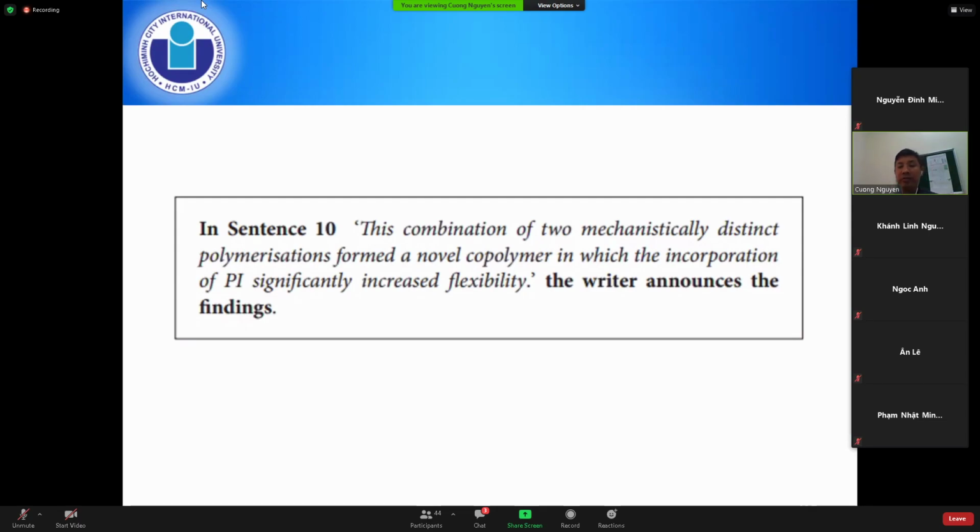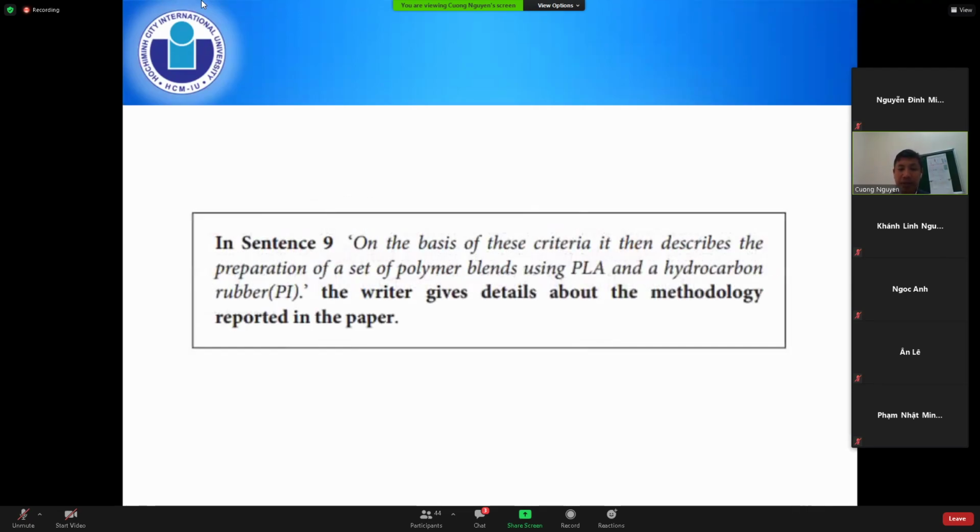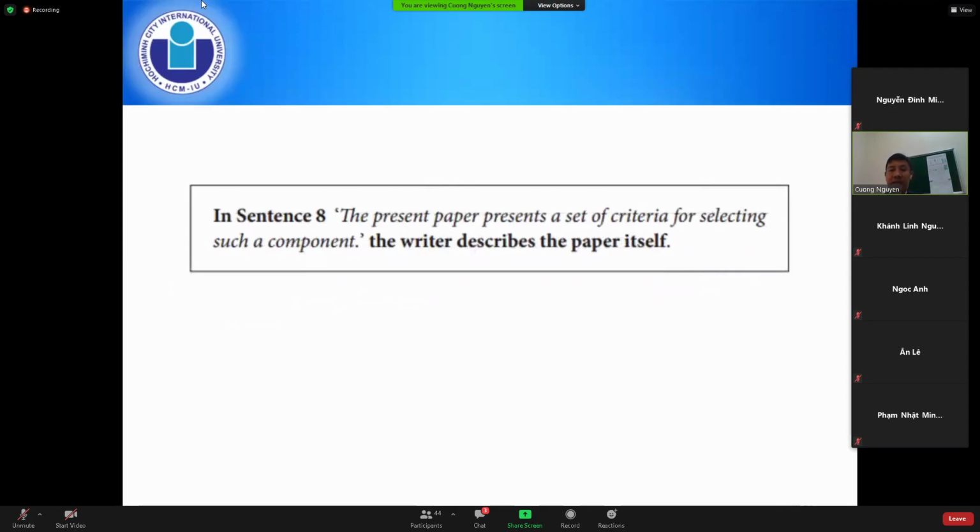And for sentence number 6, for example, in this structure you see that lit review is a part of the introduction. However, in reality, sometimes there are 2 options. Option number 1 is you include lit review as a part of introduction.